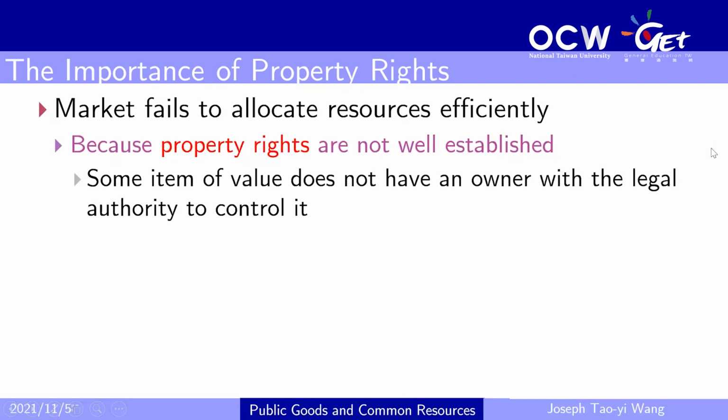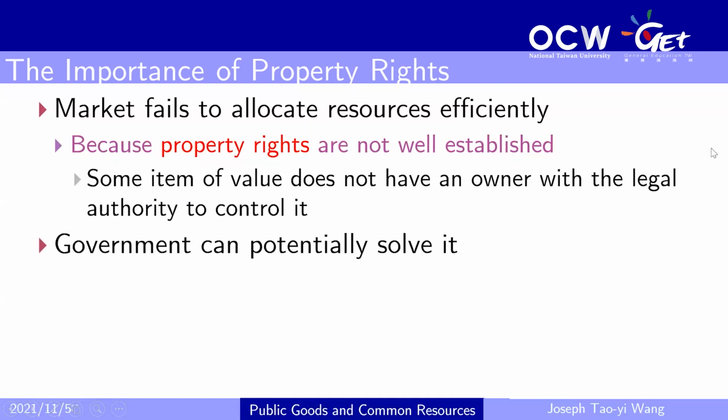What that means is that the market outcome might not be the efficient outcome. Because you don't know who the owner is or who should be the owner, that is the problem. And so this gives the government some room to step in. Even for private goods, it's still the same thing. If my iPhone is stolen by somebody else, I can sue that person.